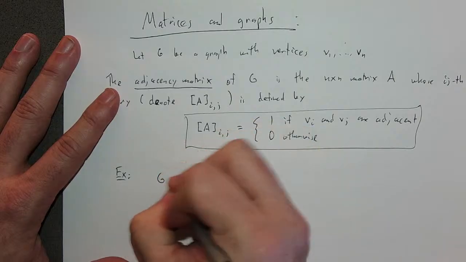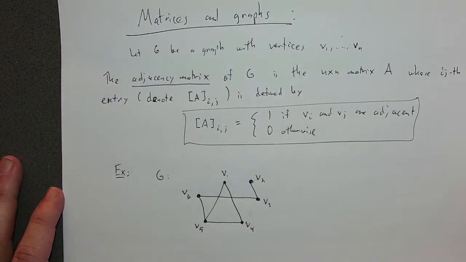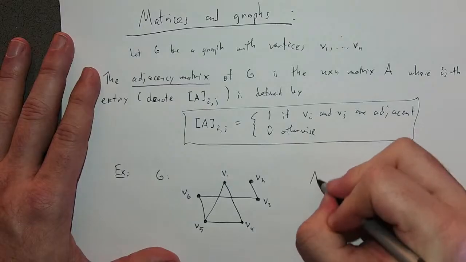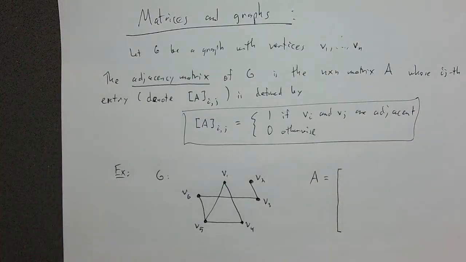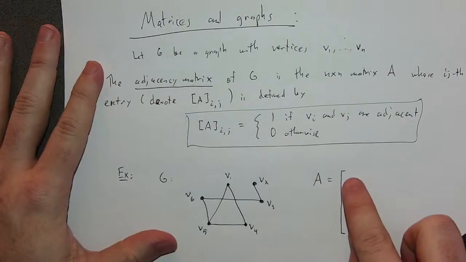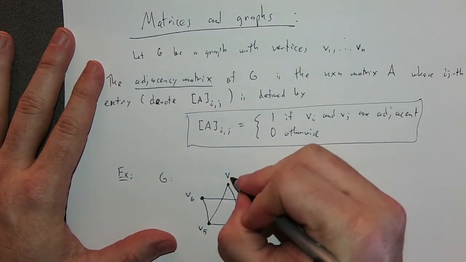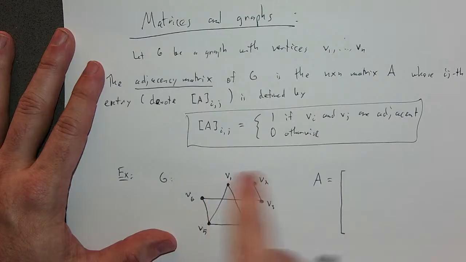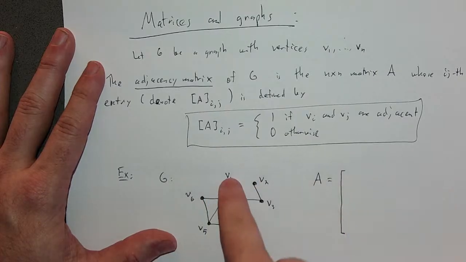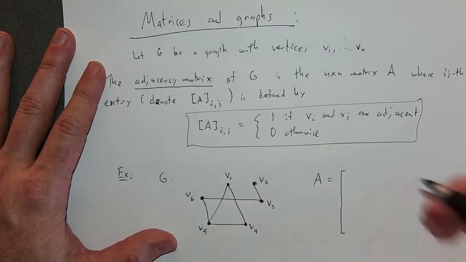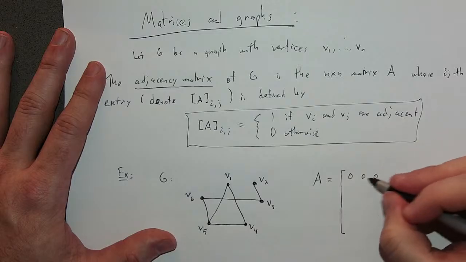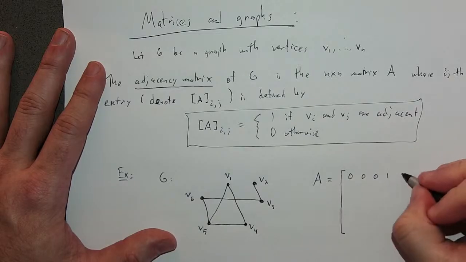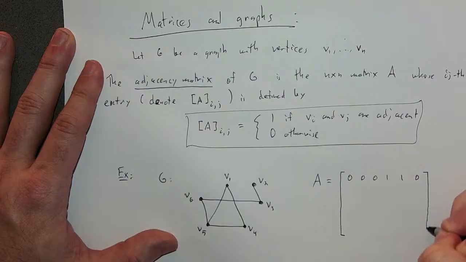This is our graph G. What would the adjacency matrix A look like for this thing? This is going to be a 6 by 6 matrix. The first row corresponds to the first vertex, and I'm basically tracking the vertices that it is adjacent to. It is adjacent to vertices 4 and 5, so this corresponds to having 1s in the 4th and 5th column. So the first row would be 0, 0, 0, 1, 1, 0.